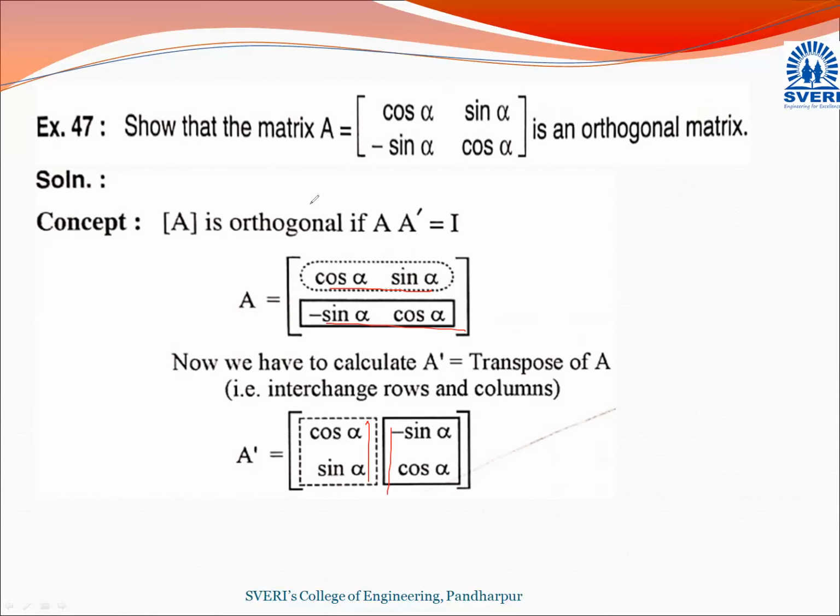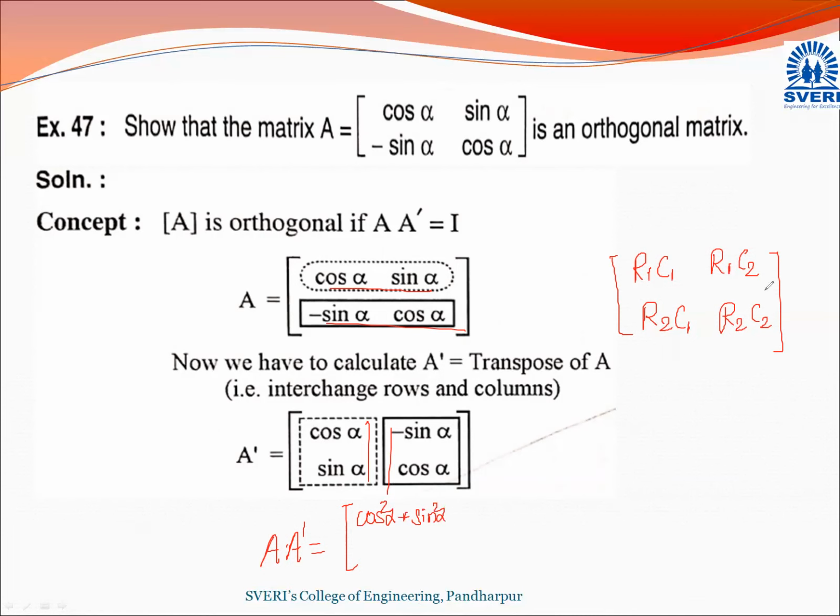Now, if you are taking the multiplication of these two matrices, it goes like this: R1 C1, R1 C2, R2 C1, R2 C2. So R1 C1, first row, first column, A into A transpose is equal to cos alpha into cos alpha, cos square alpha plus sin square alpha.